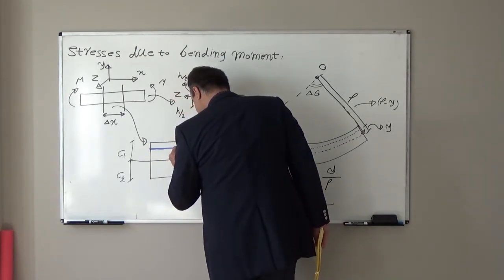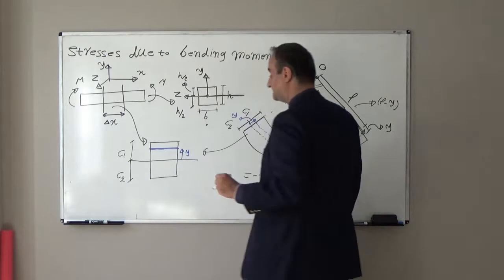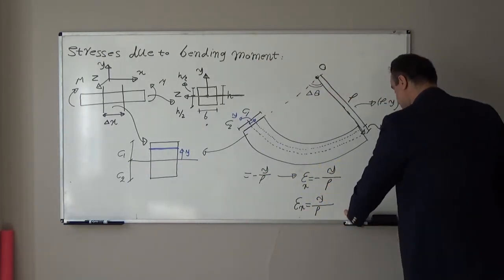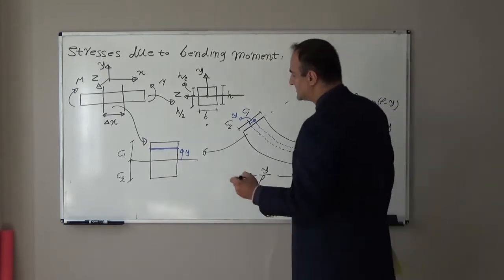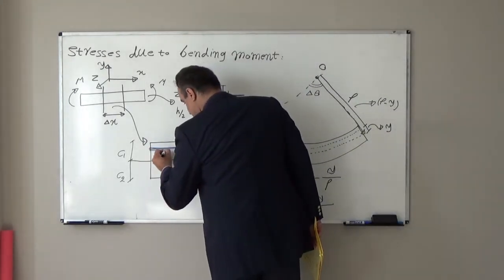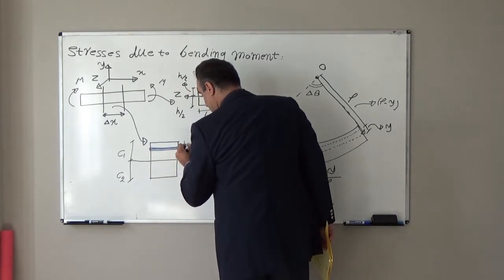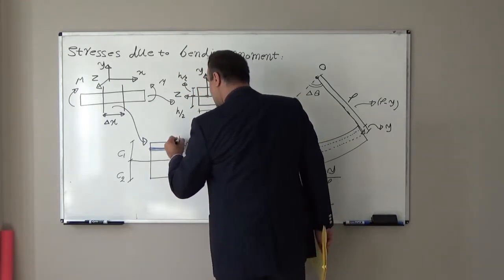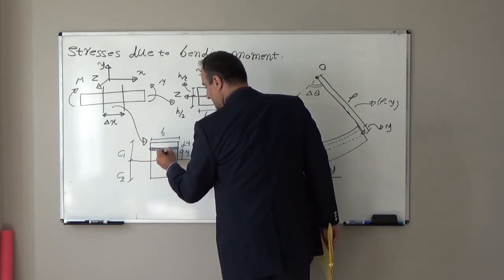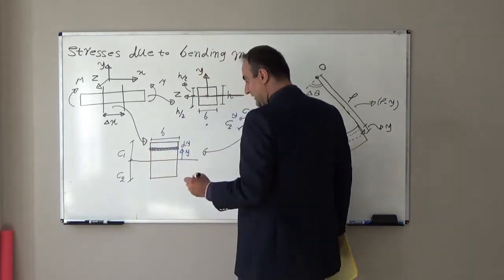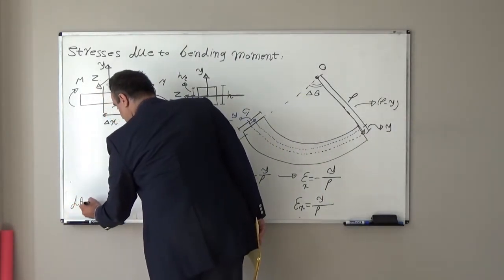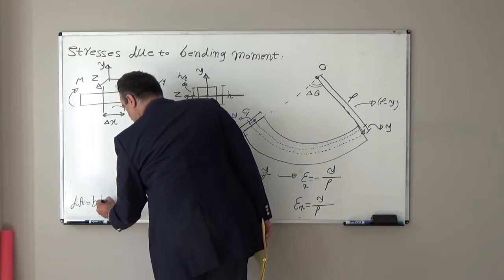And this distance is y. If the thickness is dy, then dy times b, the width of the beam, will be the area for this. I call that dA. So dA will be equal to b dy.